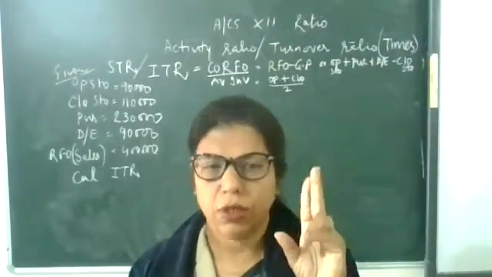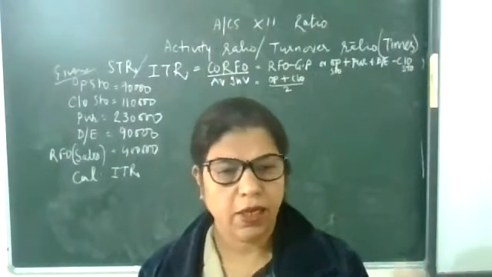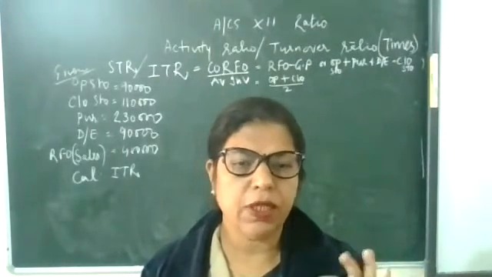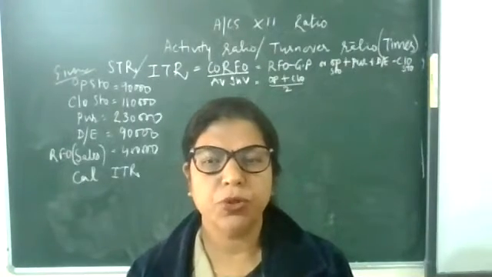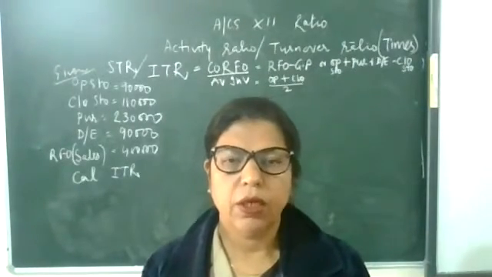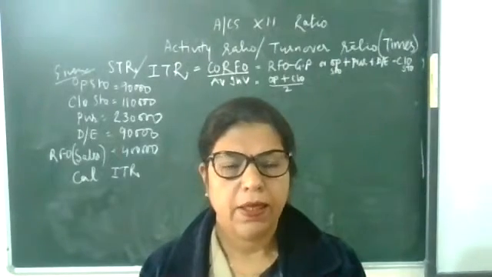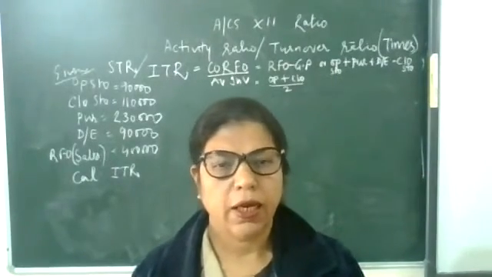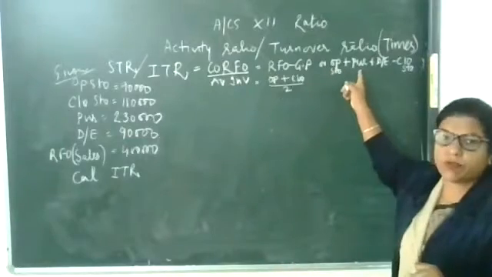Opening stock, closing stock, purchase, direct expenses, RFO. Everything is given, we have to calculate ITR. So look at the board, then you will be able to understand. See, in this question, ITR calculation is possible by this formula.